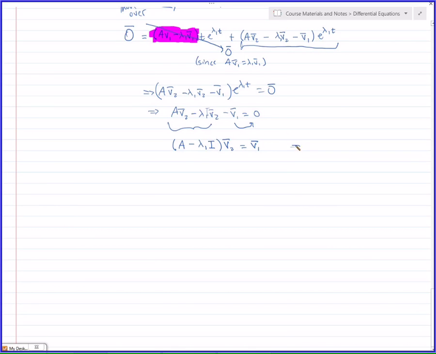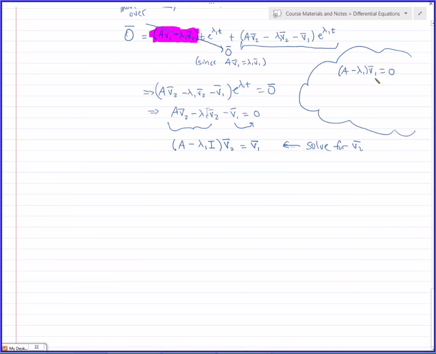So this right here is what we solve for v2. And there's some nice symmetry here in case you don't notice it. If you remember, the way that you find v1, (A minus lambda 1 I) v1 was equal to 0. You use that to find v1.